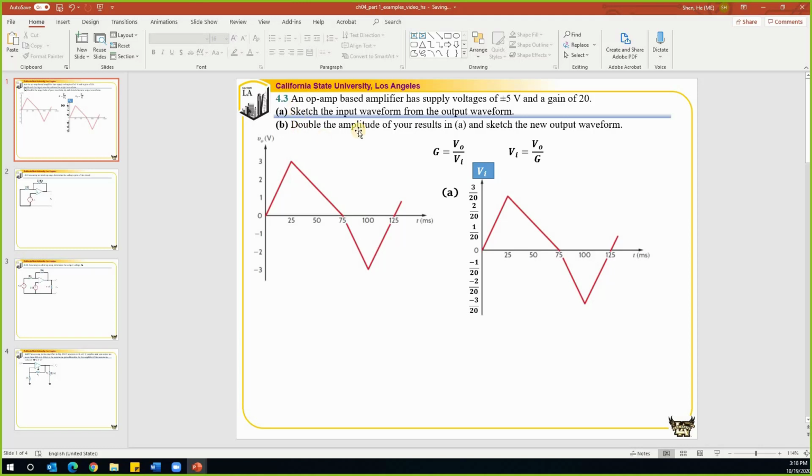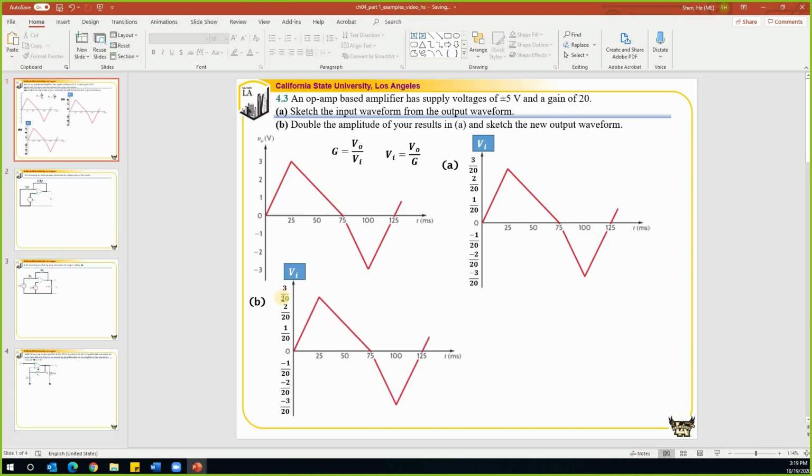And part B: double the amplitude of the result in A and sketch the new output. Double it as the new input, so this will be 3 over 10, this will be 2 over 10, this will be 1 over 10. Similarly here, negative 1 over 10, negative 2 over 10, and negative 3 over 10.